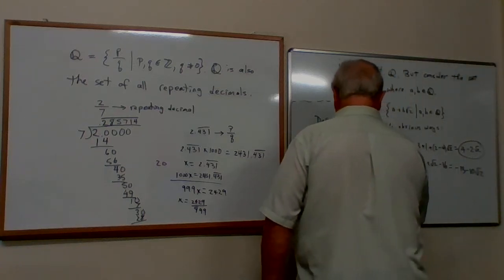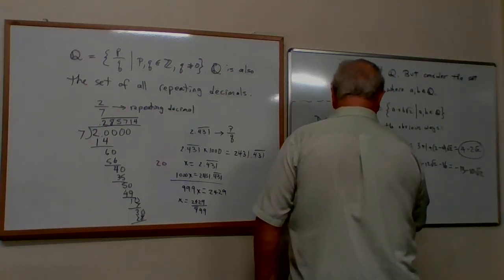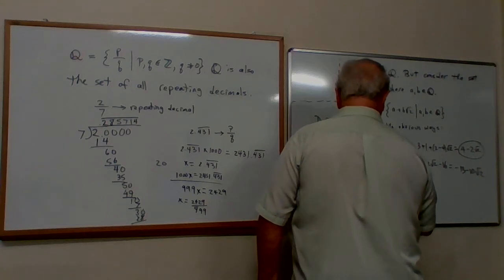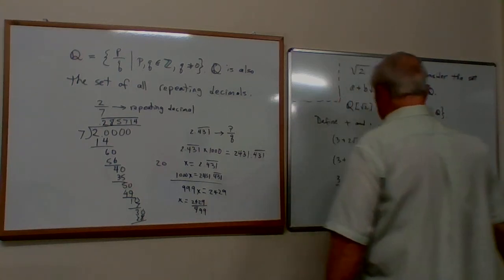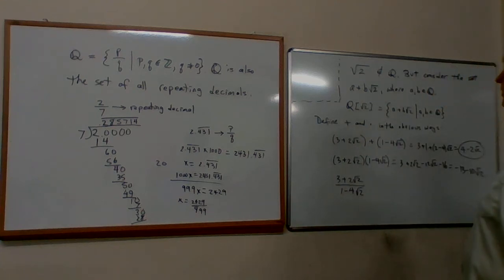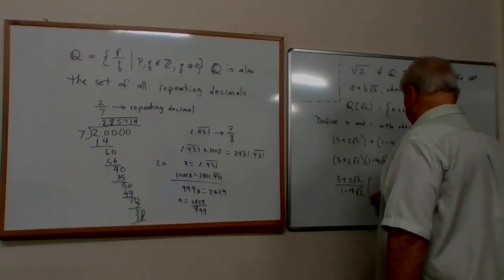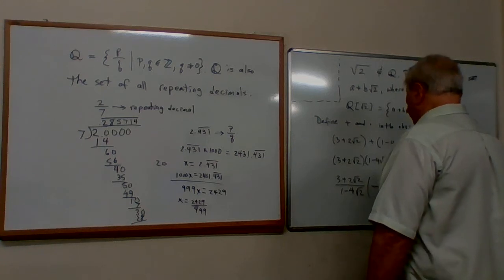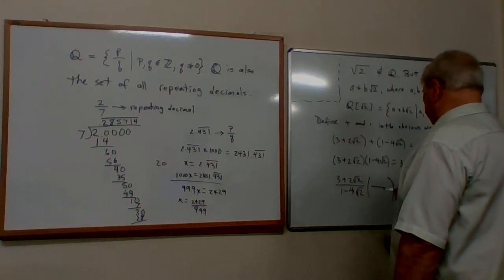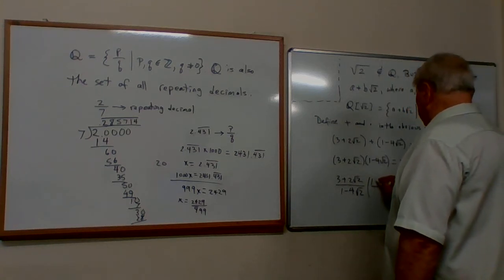What is 3 plus 2 root 2 divided by 1 minus 4 root 2? Can I do such a thing? And the answer is yes. I implore the muses of conjugation to give me an answer.